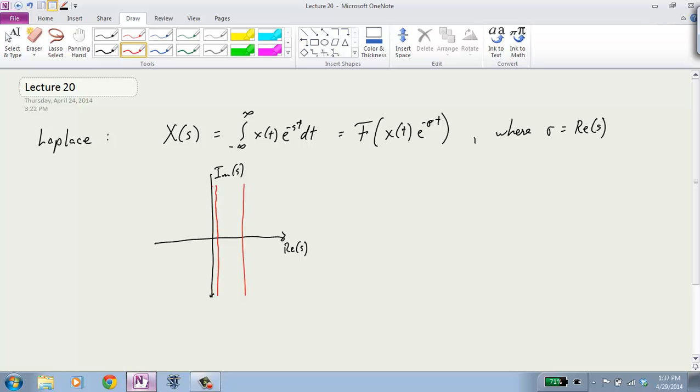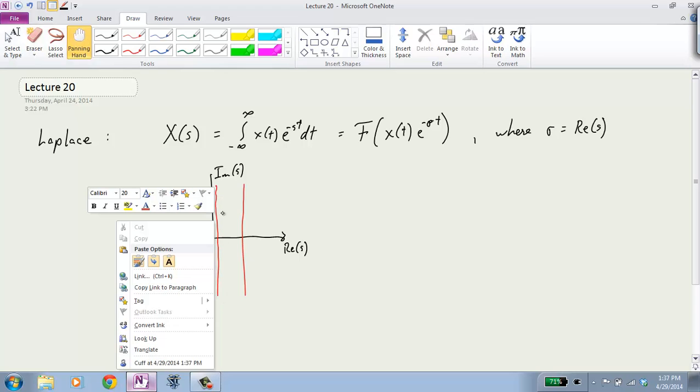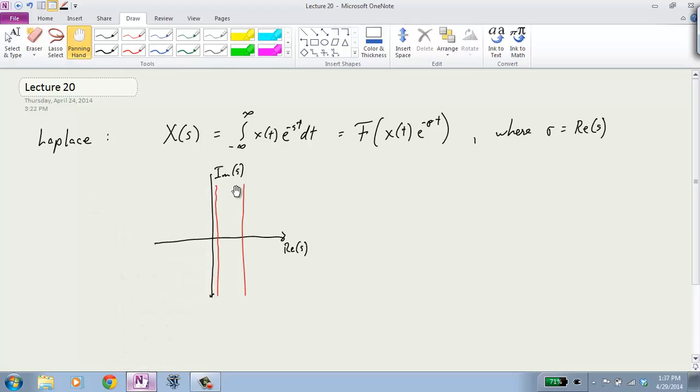It's a lot like the short time Fourier transform, the spectrogram you used when doing Shazam, for example, or doing the MP3 encoding. But what we're laying together side by side are not Fourier transforms of different short time segments of the signal. It's the entire signal times a different exponential function. So we just have many different versions of the Fourier transform, each times a different exponential function, which means only some will converge and some won't.